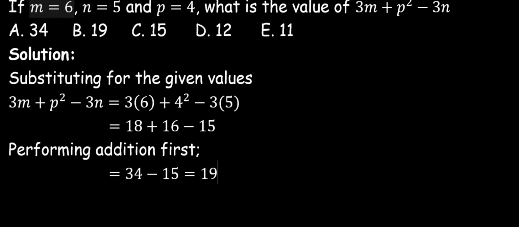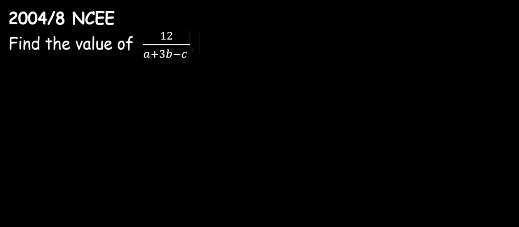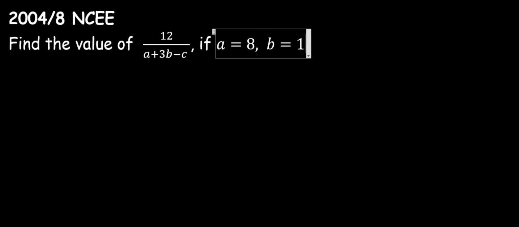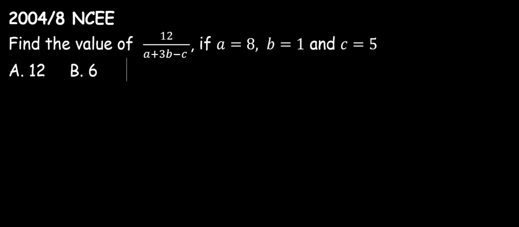Another example. Find the value of 12 divided by A plus 3B minus C, if A is equal to 8, B is equal to 1, and C is equal to 5. The options are given: A is 12, B 6, C 4, D 2, E 0. Solution.